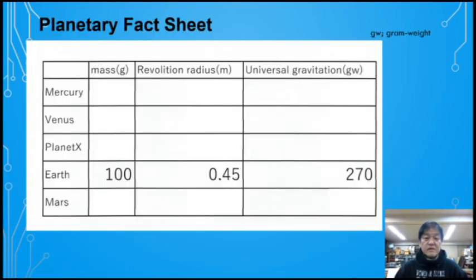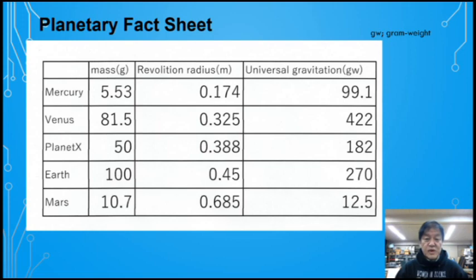The mass of the weight corresponding to universal gravitation used in this experiment was calculated using data from the planetary fact sheet. The basis was 100 grams for the Earth's mass, 0.45 meters for the orbital radius, and 270 grams weight for the universal gravitation.